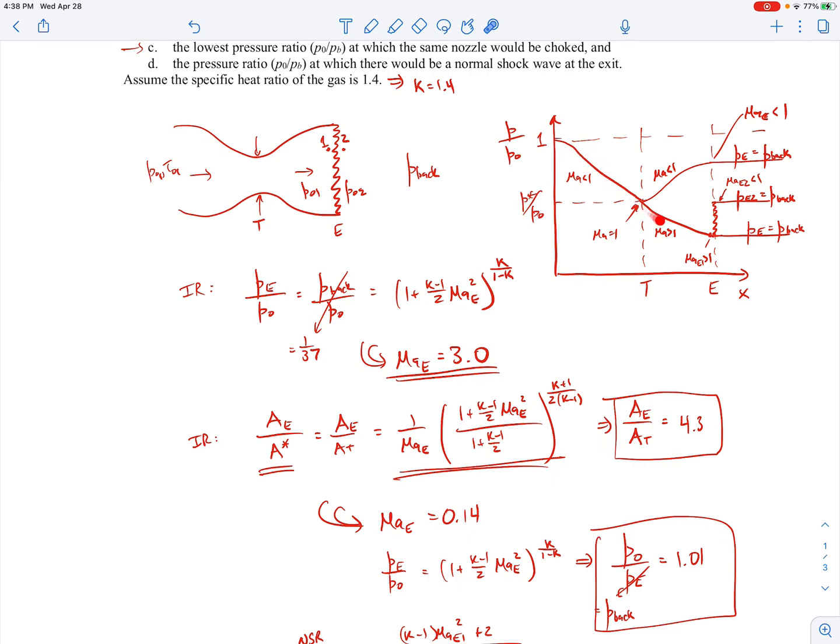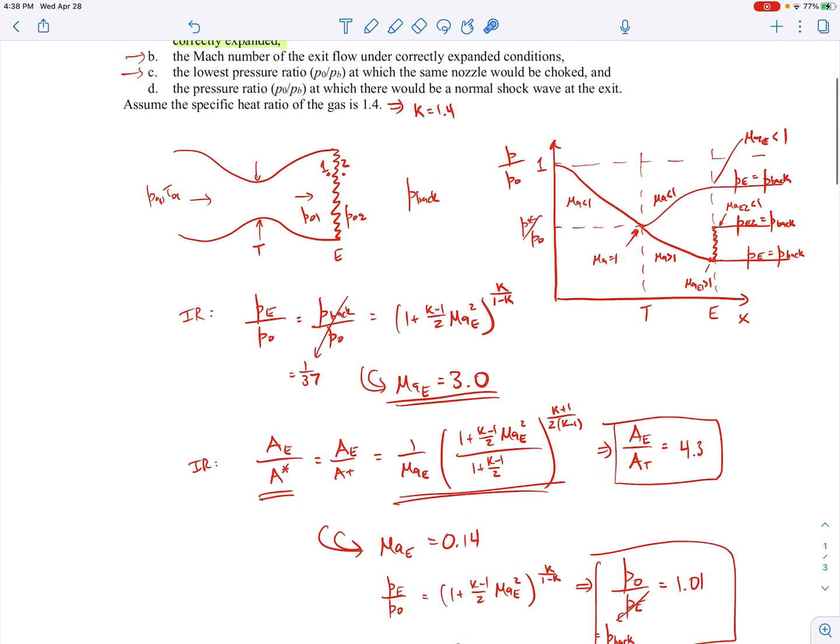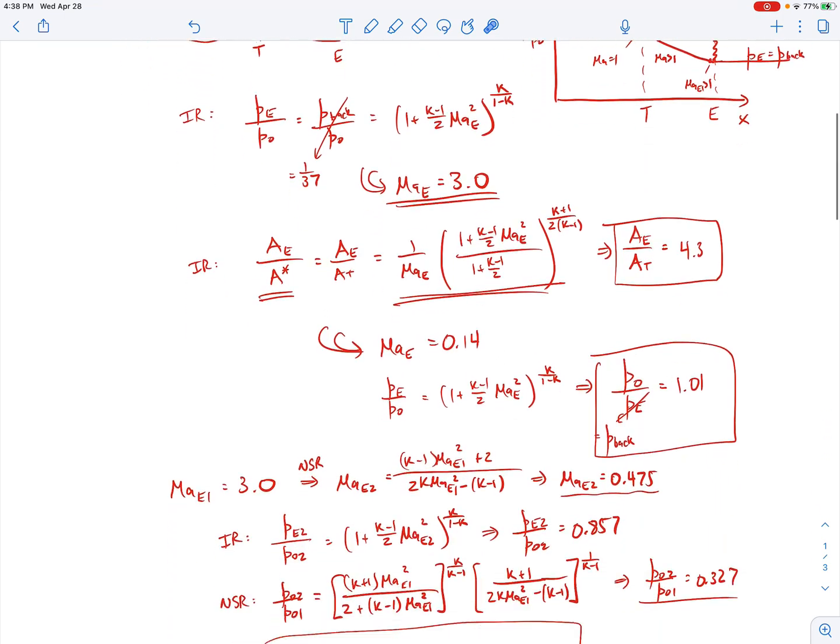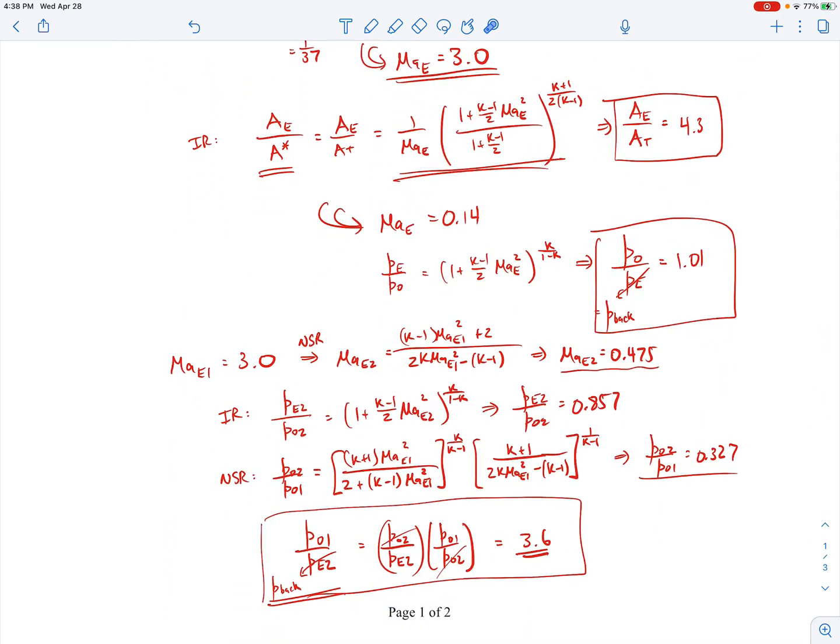It'll correspond to this case. Okay, so this problem, actually, there's quite a bit to it. Hopefully you understand all the bits. It's really a combination of just knowing how to use the isentropic relations and the normal shock relations together. All right, we'll end the example there.